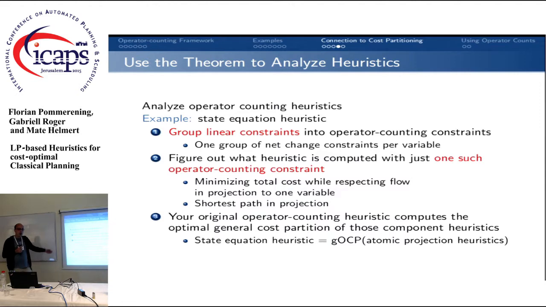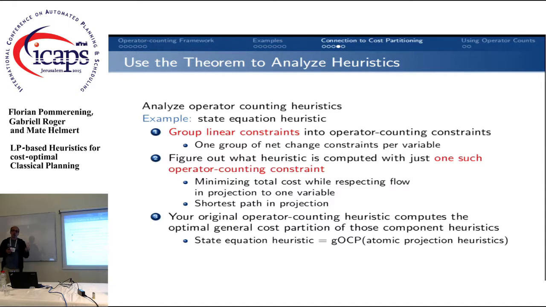Which also means by the theorem that the state equation heuristic is the general optimal cost partitioning of all atomic projection heuristics. And this is quite interesting because when the state equation heuristic was introduced, we weren't sure in which category of heuristic it falls. So as you might know, there are 4 categories of heuristics, and most or all of the heuristics that were proposed so far fall into these categories.